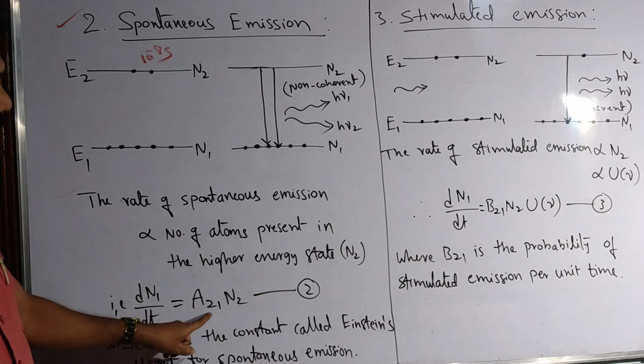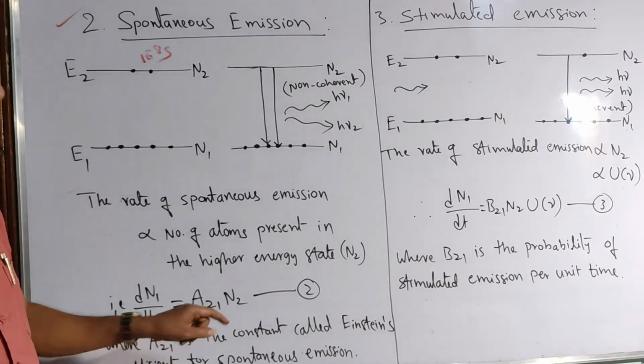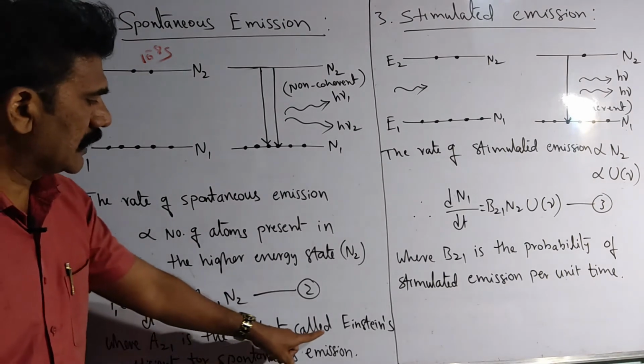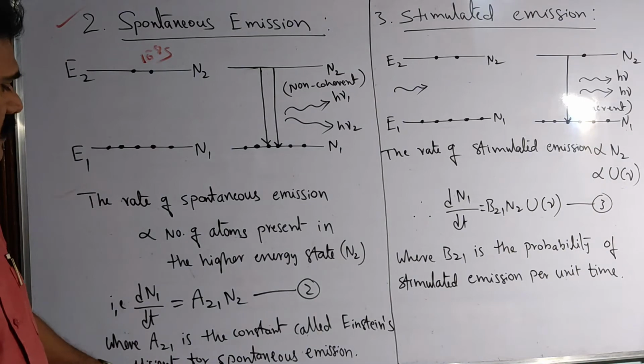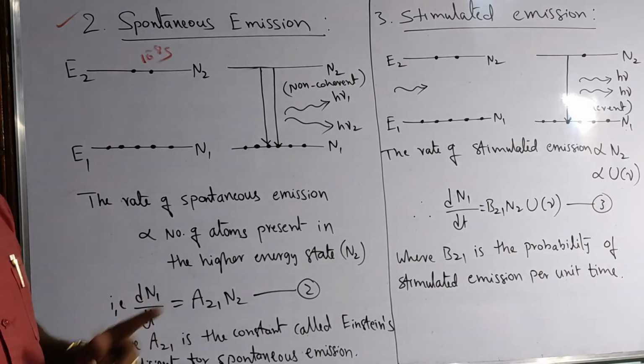A21, because it is a transition from 2 to 1. That A21 is called Einstein's coefficient for spontaneous emission.